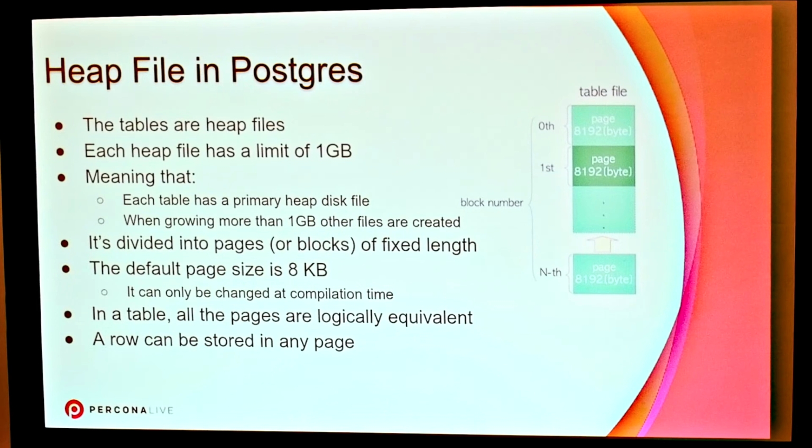But how about those blob things? Some people store huge JSONs that have kilobytes or megabytes of data. How is that possible if it cannot fit? This is when what they call toast comes into place.